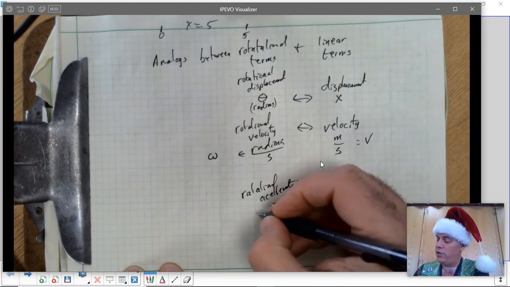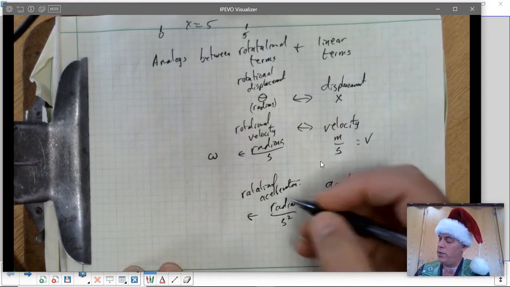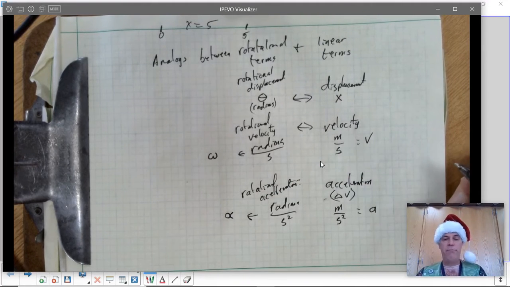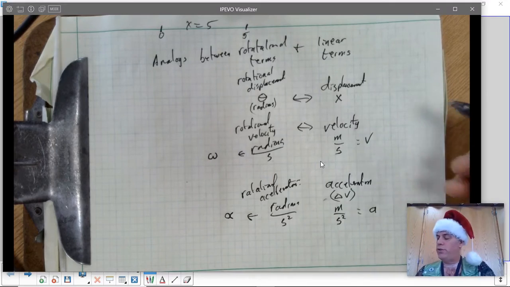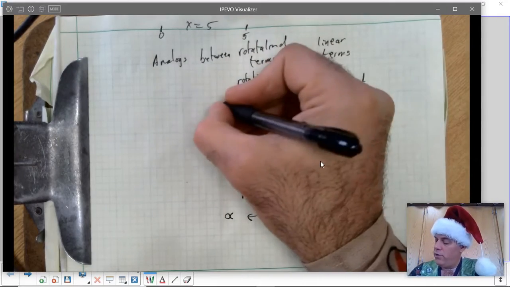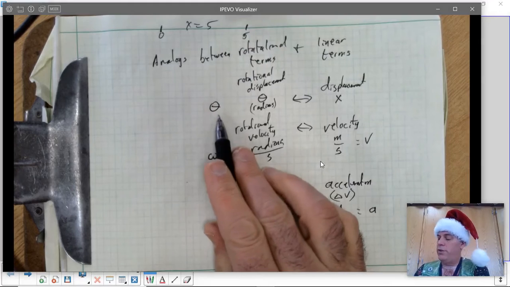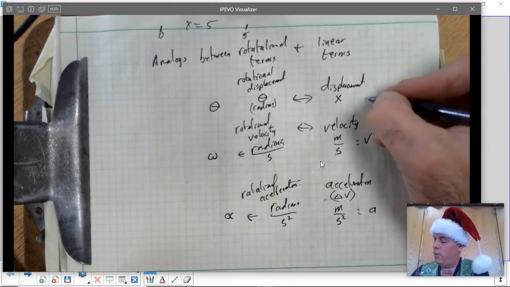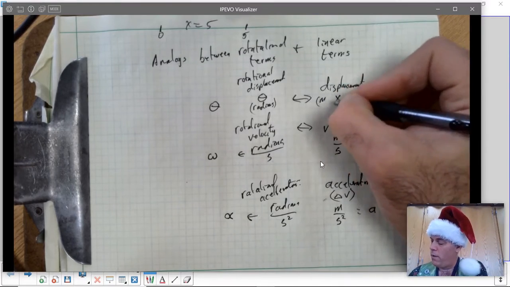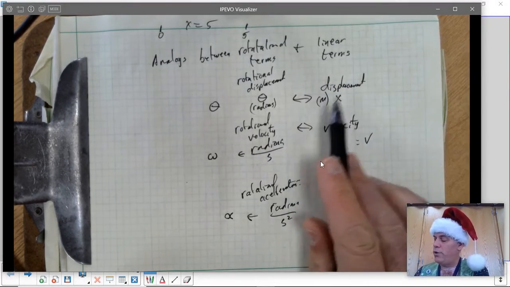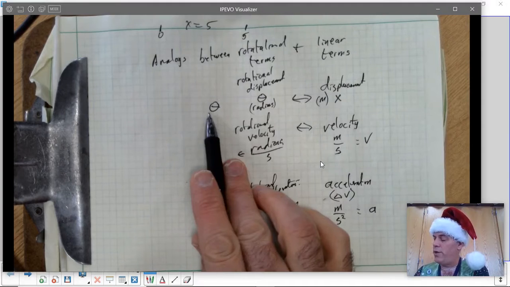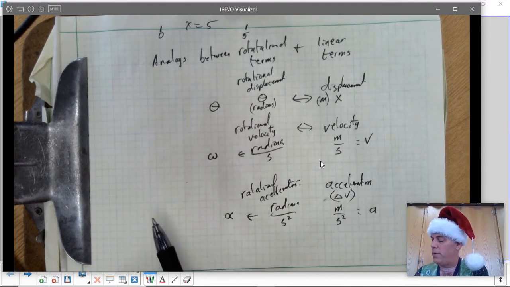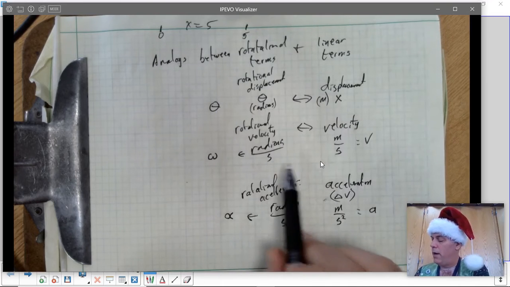For rotational acceleration, radians per second squared, we use the symbol alpha, which looks sort of like a fish. Okay, so to sum up, for radians the symbol is theta, and the analogy is x, which is in meters for displacement. So we use meters for straight lines, radians for rotational, x for straight lines, theta for rotational displacement, which is how far something is turned.